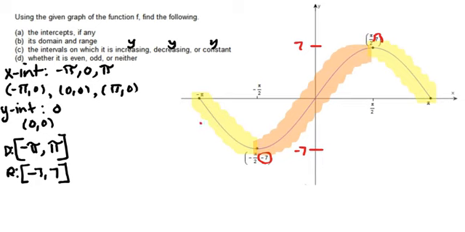So let's label that with decreasing, increasing, and decreasing. So now that I have it labeled, I'm going to pay attention to the intervals where the function is increasing, decreasing, or constant. Now these intervals are x intervals.